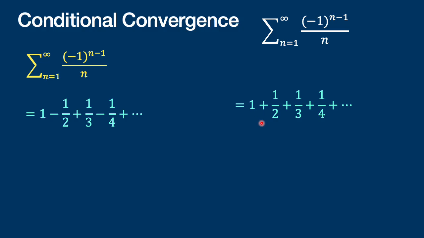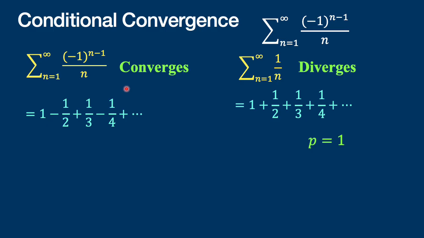You have 1 plus 1/2 plus 1/3 plus 1/4. Looks like what? Harmonic series. So here, harmonic series, p-value is 1. That's going to diverge. But the left side, the alternating series, we proved this one converges because of the alternating series test.